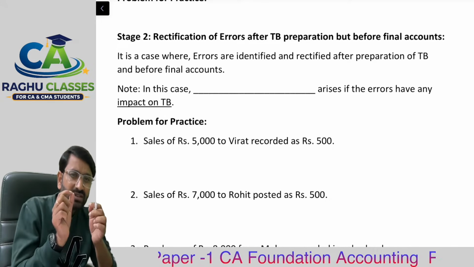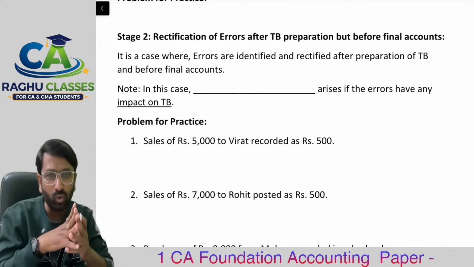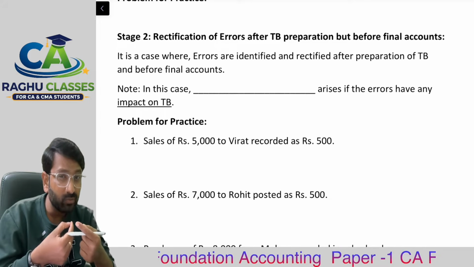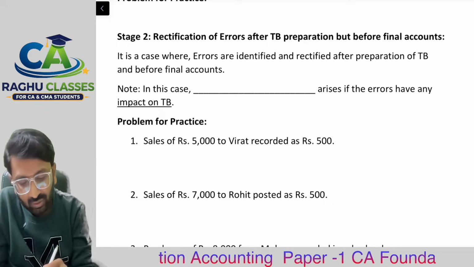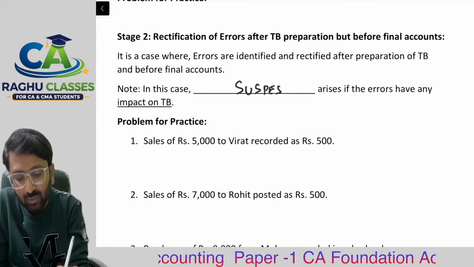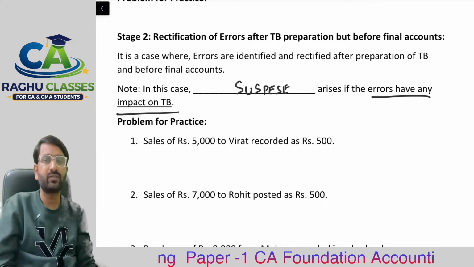But if trial balance does not tally, temporarily one account called suspense account would have been opened. And this suspense account has to be removed once the errors are rectified. Okay. Now in this case, normally what will happen? Suspense account arises if the errors have any impact on the trial balance.